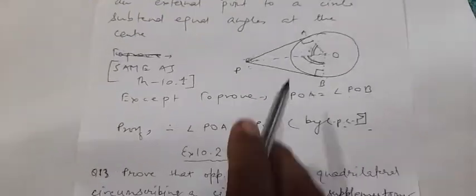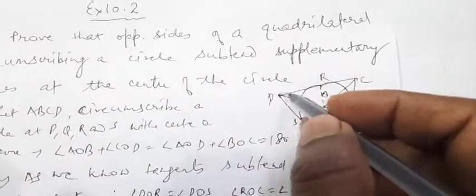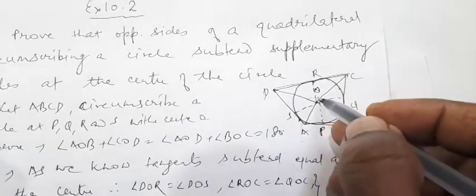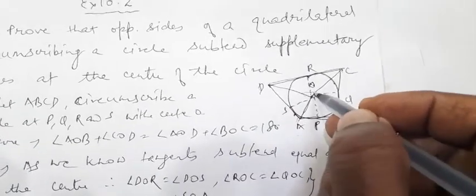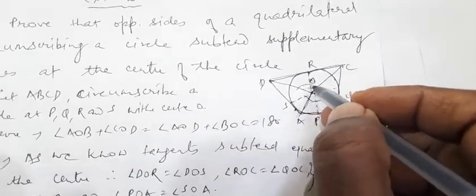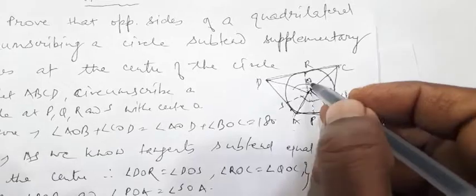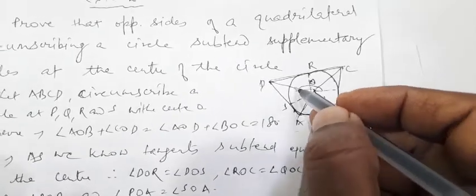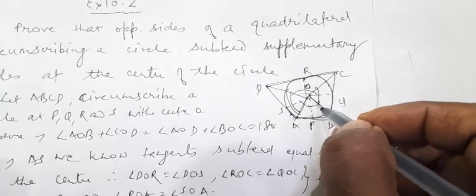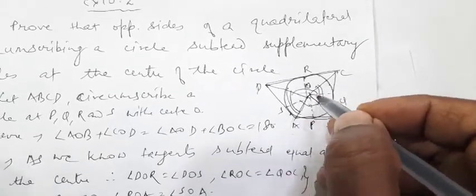Now we will use this property: tangents subtend equal angles at the center. What do we have to prove? We have to prove that these sides subtend supplementary angles at the center of the circle. It means that this angle plus this angle will be equal to 180 degrees. Similarly, this angle plus this angle will be equal to 180 degrees.